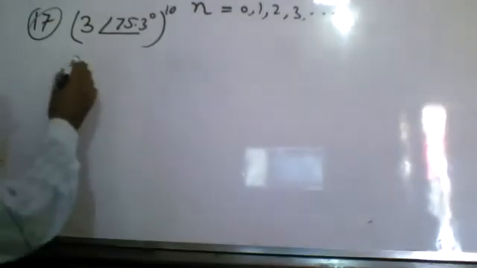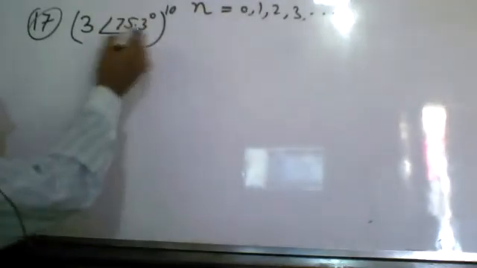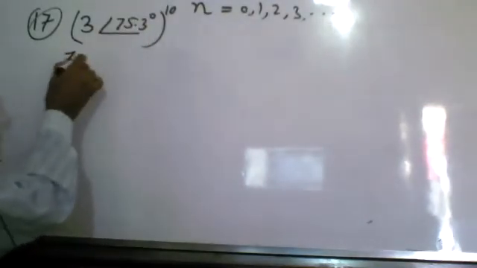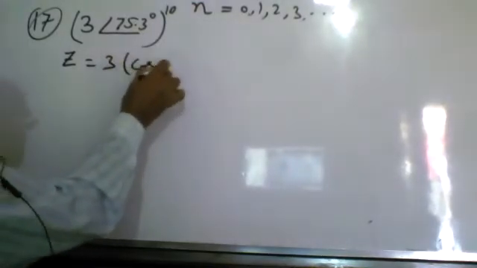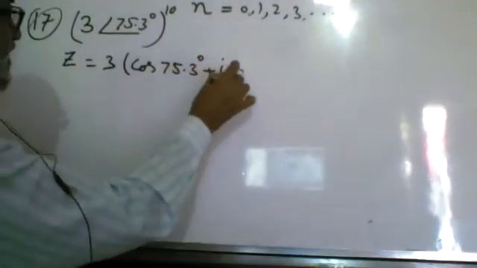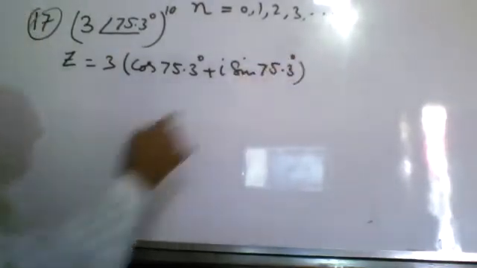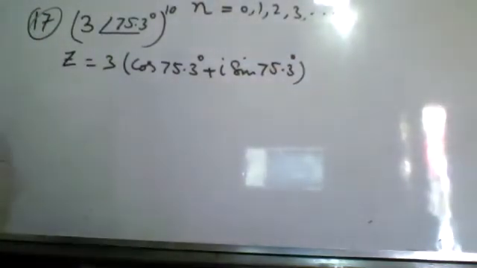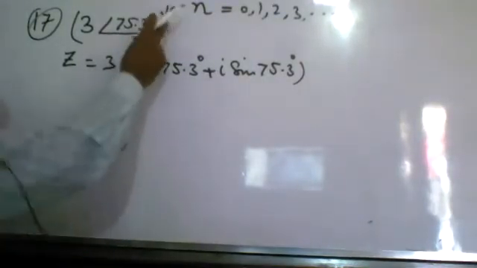So we can write Z = 3(cos 75.3 degree + i sin 75.3 degree). Now we will take power 10.